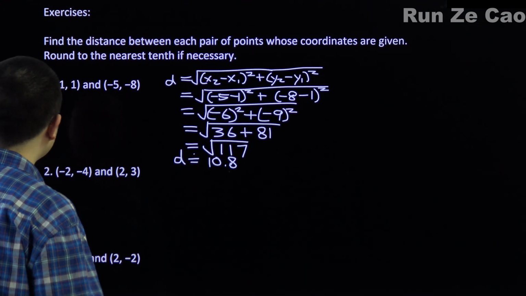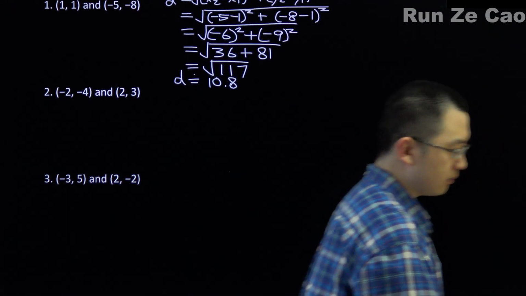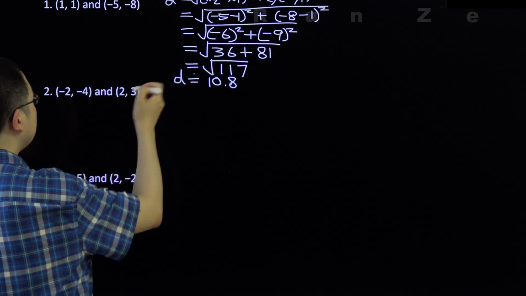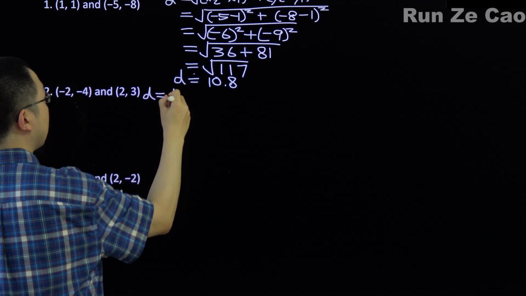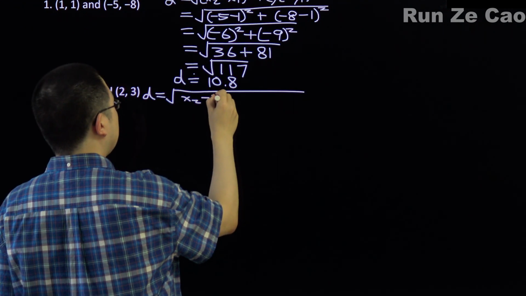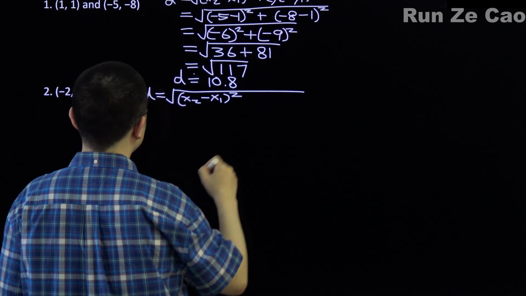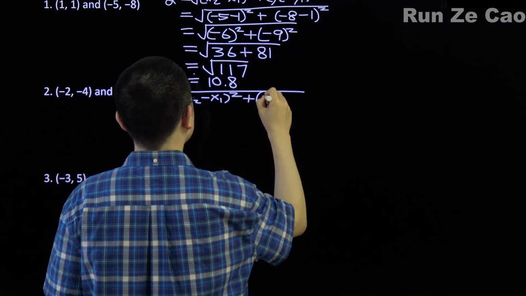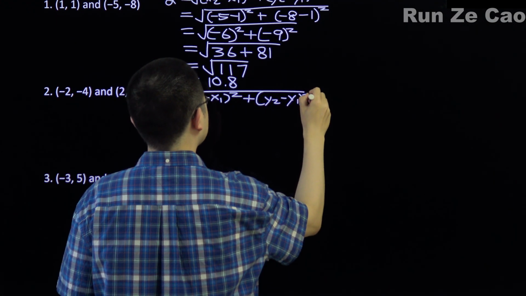Okay, what about (-2, -4) and (2, 3)? Well, we have the same old formula. x2 minus x1 squared plus y2 minus y1 squared.